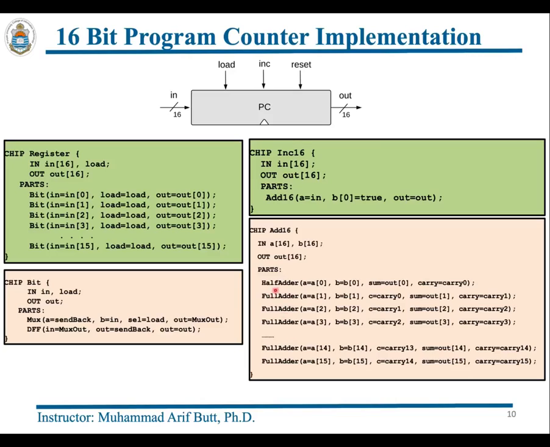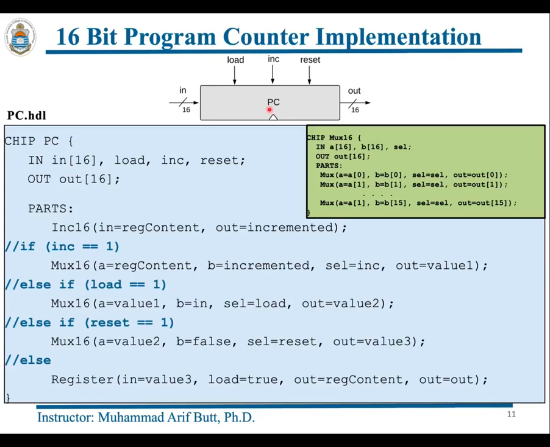And of course, we also have designed this half adder and full adder using the gates. Anyway, I think now we are ready to write down or understand the HDL for this 16-bit program counter register. Let me move on to the next slide.